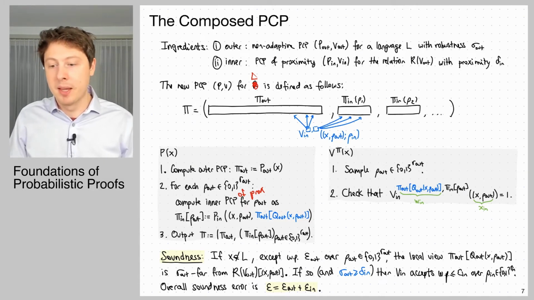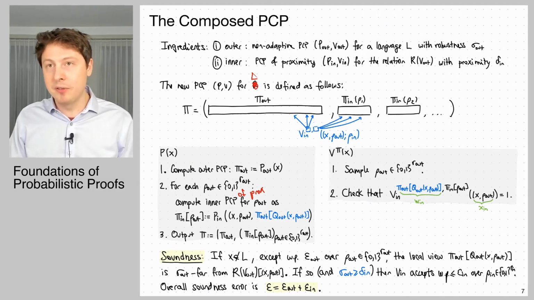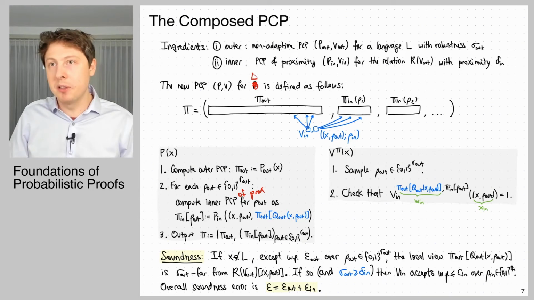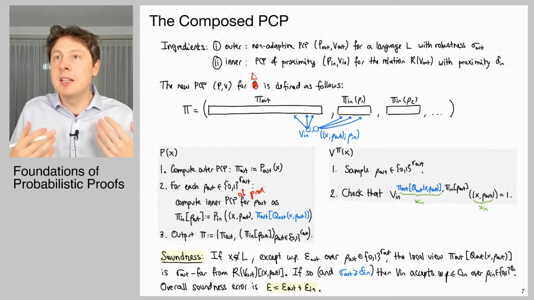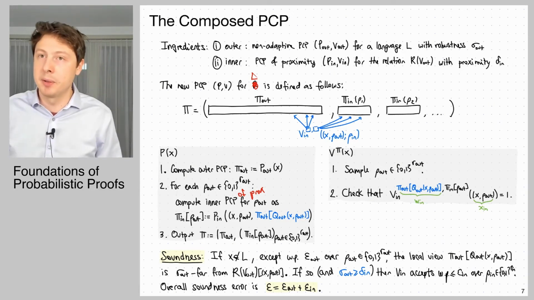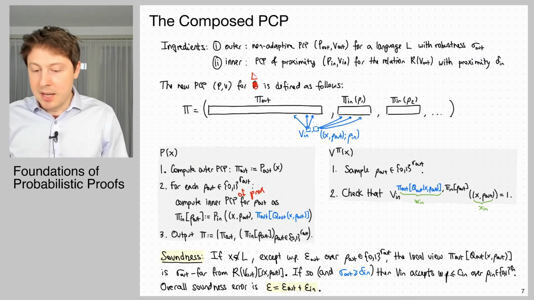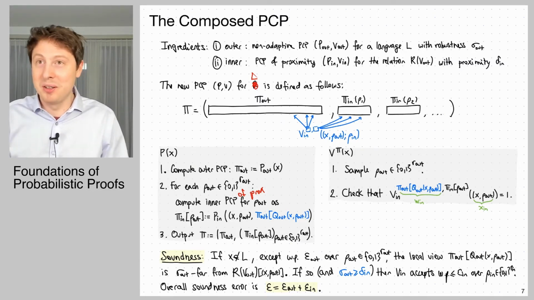Okay? And the one thing you need to remember is that the robustness parameter for the outer proof system needs to be larger than the proximity parameter for the inner proof system, because the inner proof system wants things to be at least that far in order for its soundness condition to kick in. This is the proof that the construction is sound.